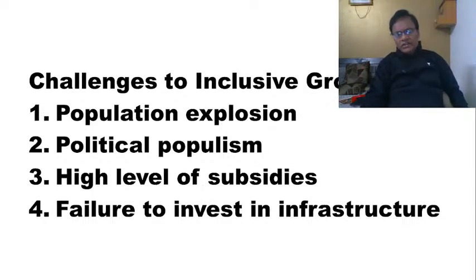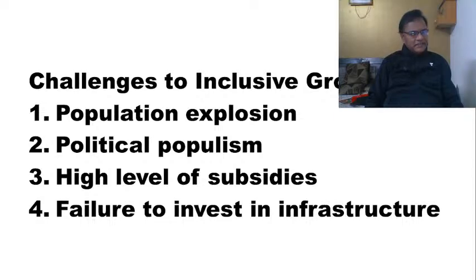By giving subsidies, what are you doing? You are only postponing their poverty. Poverty will be there. You are only providing temporary relief from poverty by giving those subsidies. Then these subsidies would result in what is called a vicious cycle of poverty.